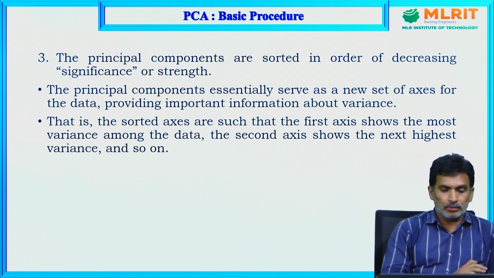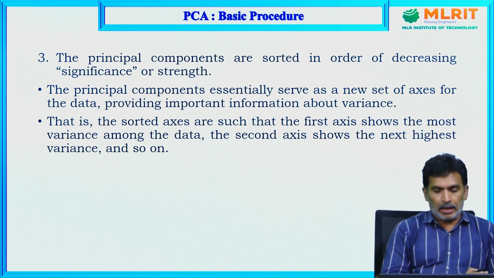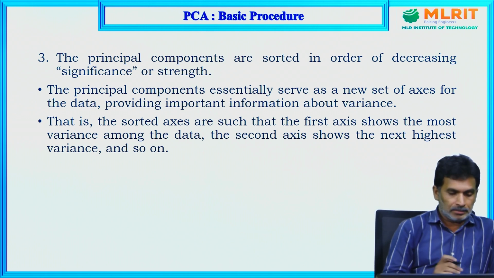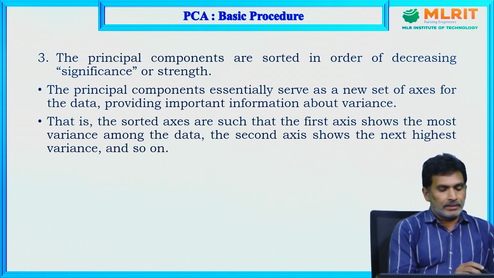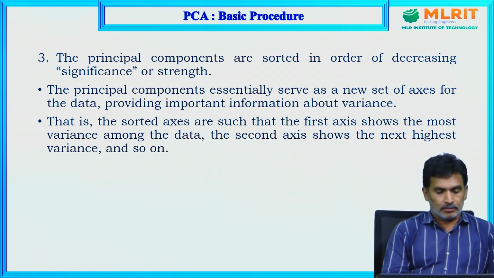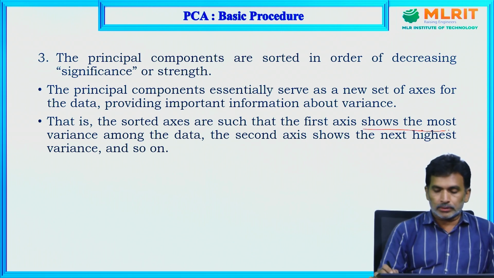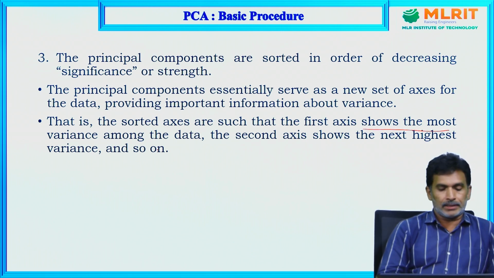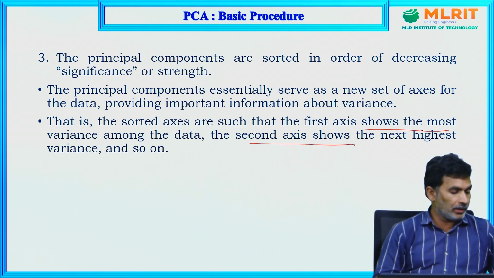We have to make such an arrangement. So the principal components essentially serve as a new set of axes for the data, providing important information about variance. That is, the sorted axes are such that the first axis shows the most variance among the data, the second axis shows the next highest variance, and so on.